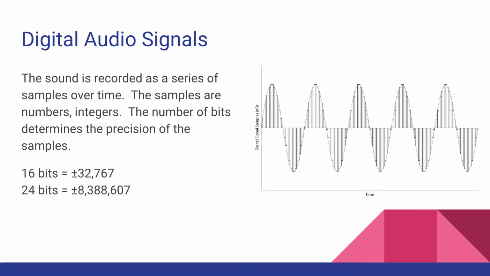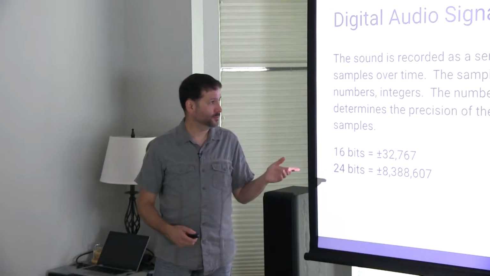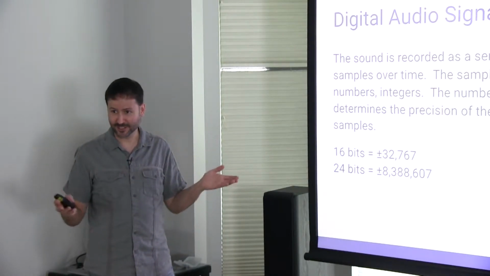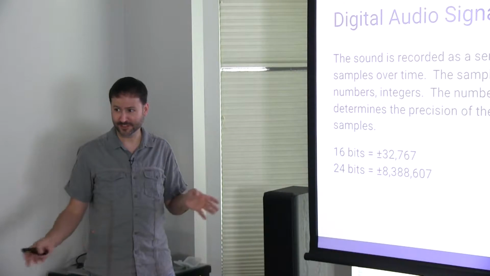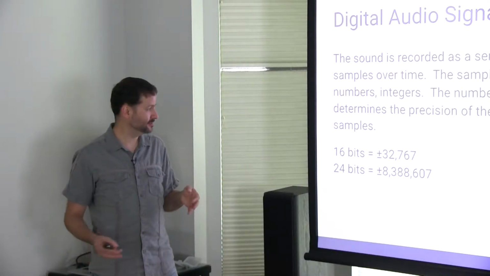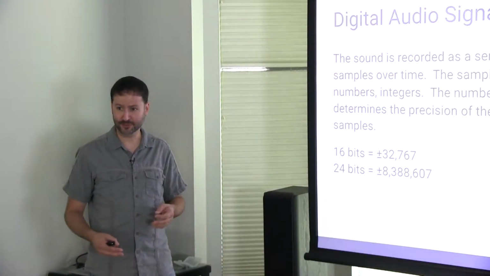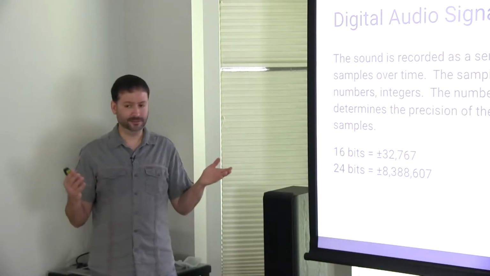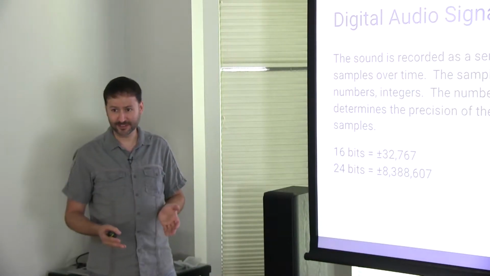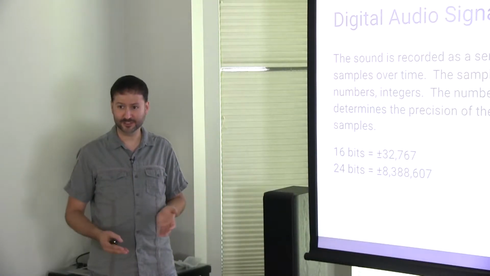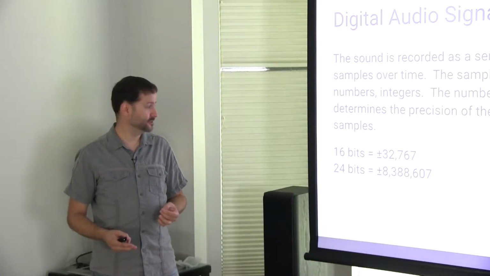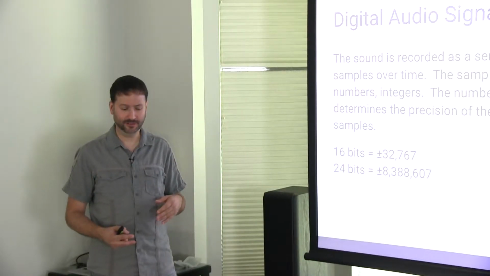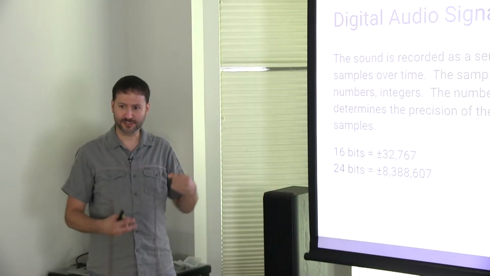Okay, so you guys all know what an integer is. An integer is a number that doesn't have any fractional part, no decimal, nothing. It's just a number, 1, 2, 3, nothing in between. In computer and data technology, we use bits to store numbers. So if we have 16 bits, that means we have 16 ones and zeros.